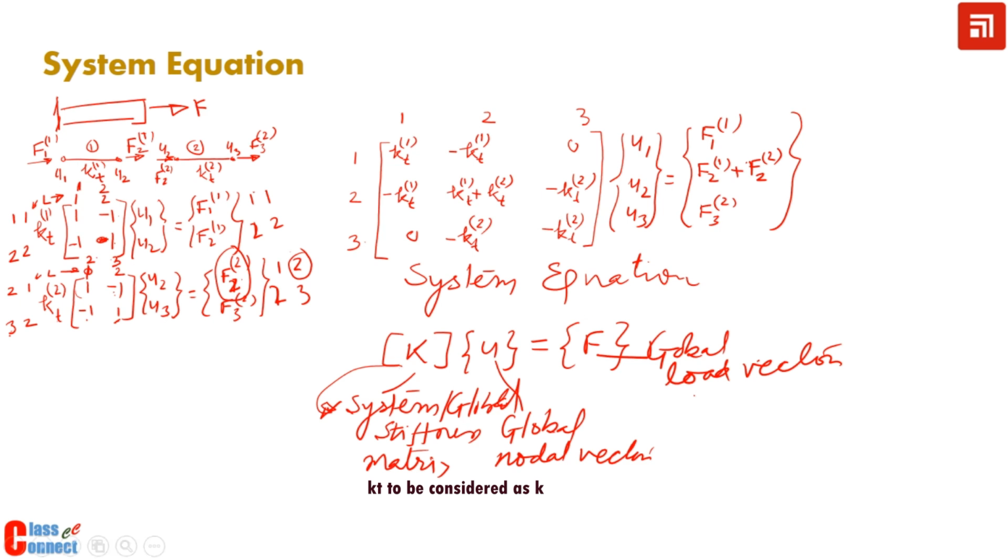So now we are done with assembling the element equations into system equations. Now we get a set of algebraic equations in matrix form. We have to apply the boundary conditions so that the singularity of this matrix is removed, and then we can solve this problem.